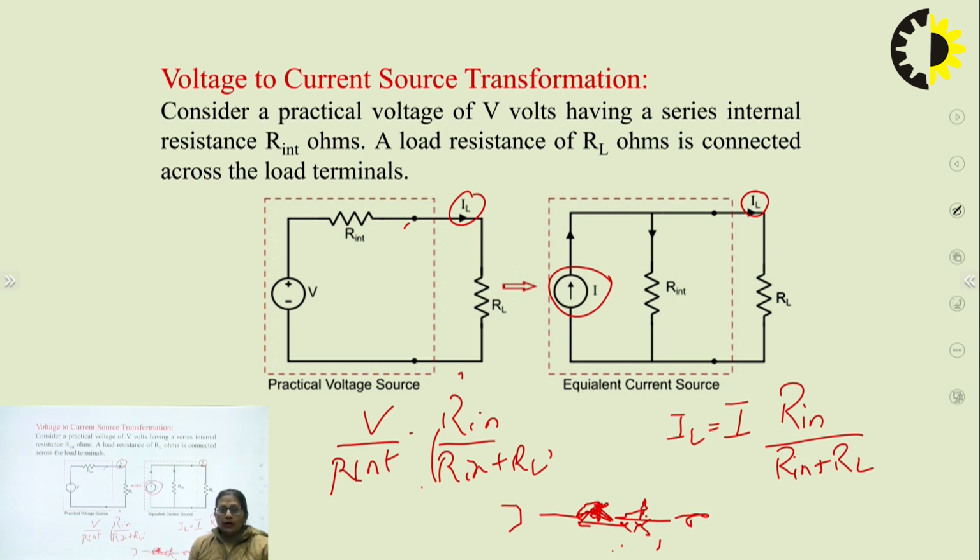If we are going for the transformation, then obviously these two IL must be the same.